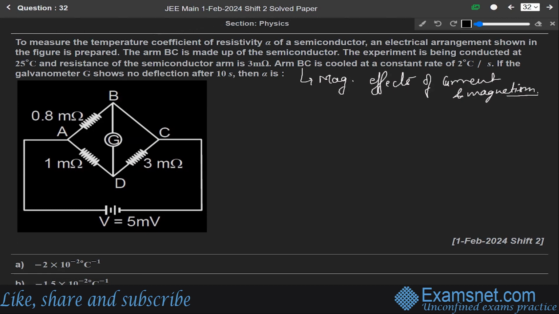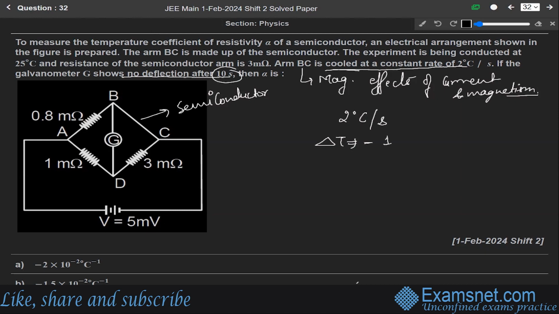According to the question, this BC arm is made up of semiconductor, and it is cooled at a constant rate of 2 degrees Celsius per second, and it shows no deflection after 10 seconds. After 10 seconds, delta T will be equal to, since it is cooled, decreasing at this rate, minus 10 into 2, which means minus 20 degrees Celsius.